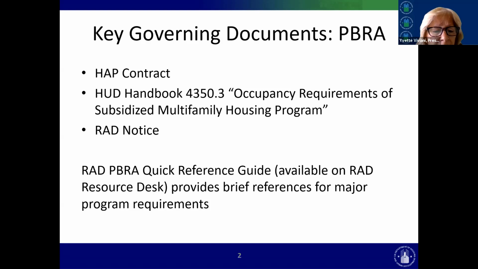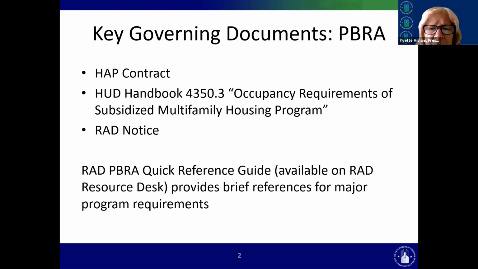First of all, is your RAD contract effective date. So make sure that that's correctly listed on the HAP contract. You have other documents you've dealt with prior to closing, the RCC, the CHAP, and all of those documents well needed for the program and for conversion. But when you get to closing, the HAP contract, when you bring that over, that's really what we're going to go by to oversee your management of the property and making payments to the property.